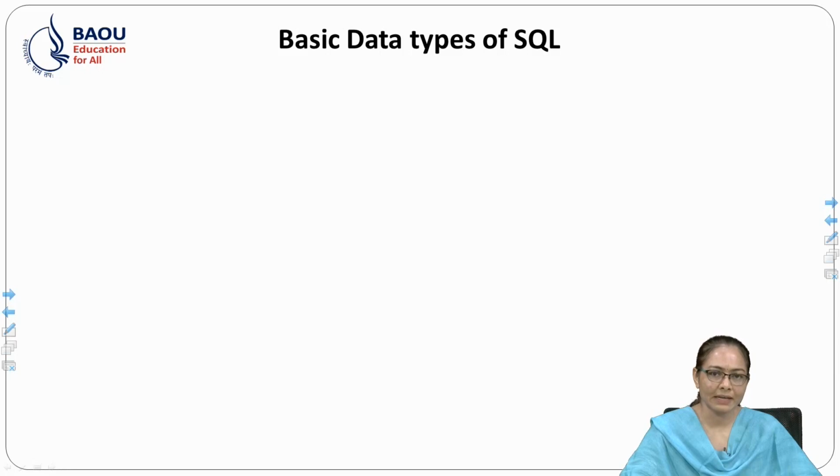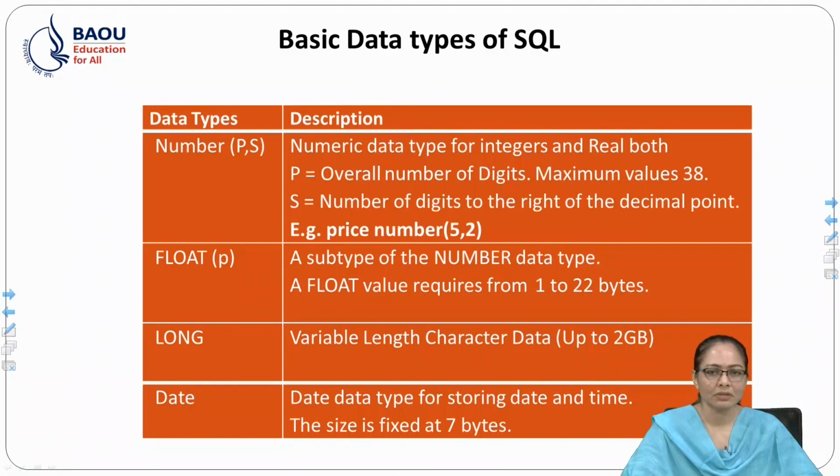Now the next data type is used for numeric values. First is NUMBER(P, S). P is the size, total size, and S is the scale. The numeric data type is used for both integer and real.